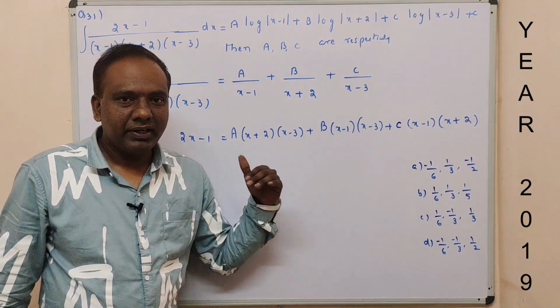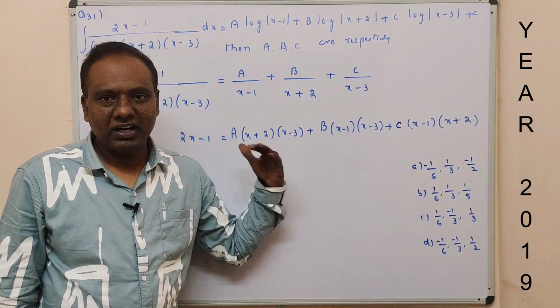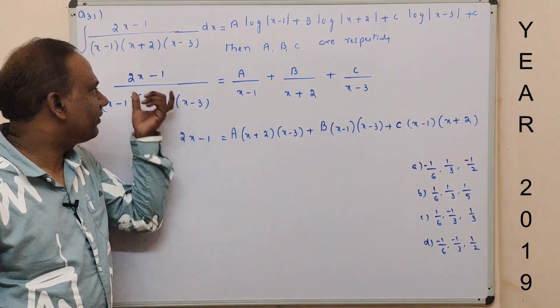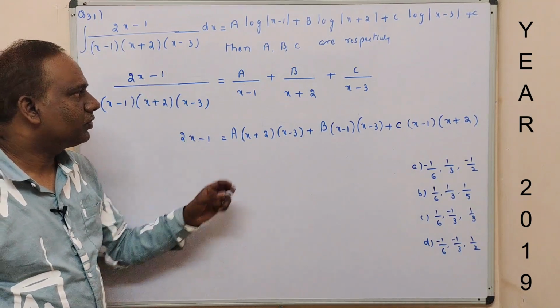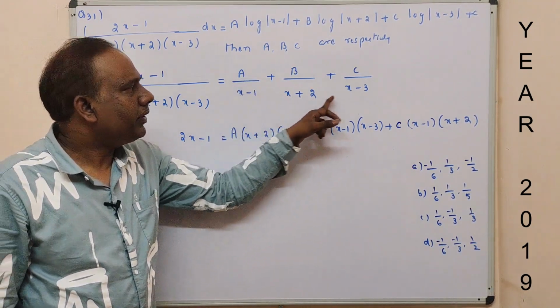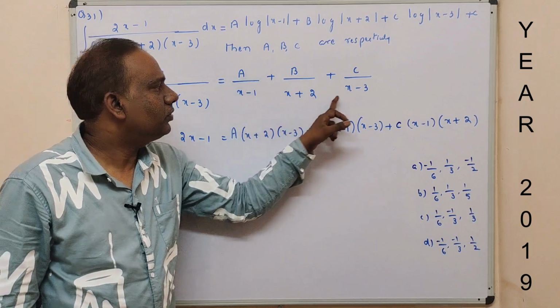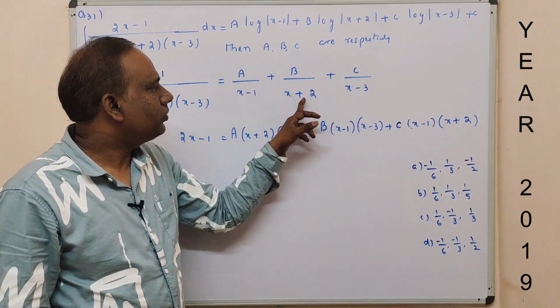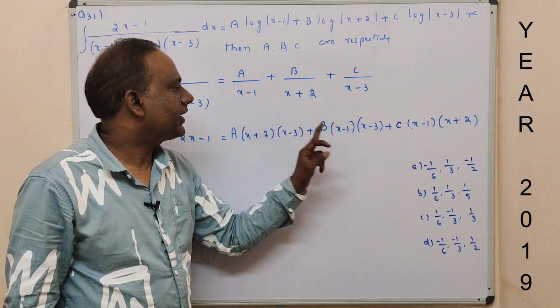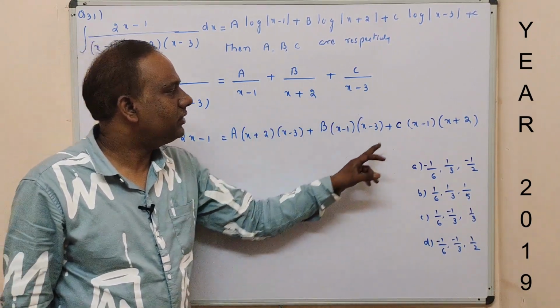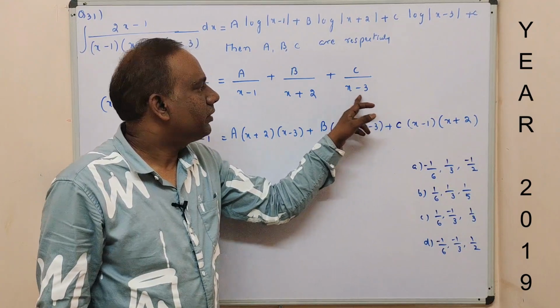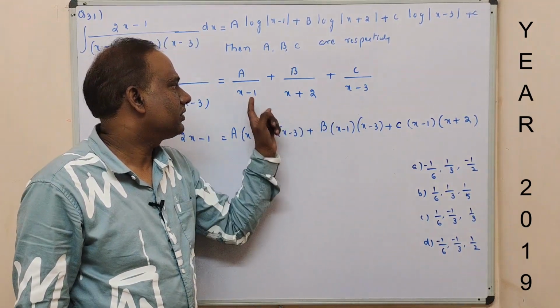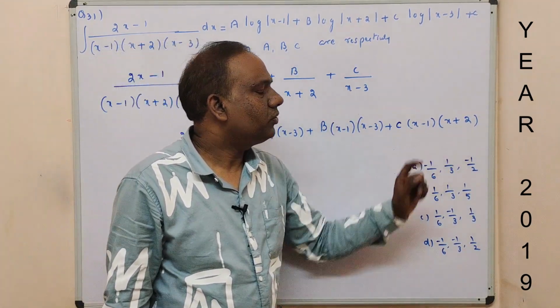Here I write one direct step: 2x minus 1 is equal to a into the remaining 2 factors, a into x plus 2 into x minus 3, plus b into the remaining 2 factors, x minus 1 into x minus 3, plus c into the remaining two factors, that means x minus 1 into x plus 2.